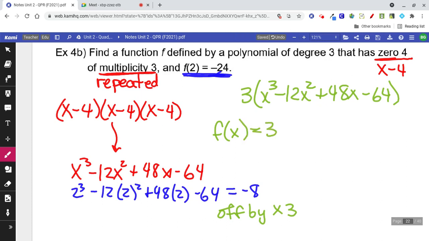F of x equals 3x cubed minus 36x squared plus 48 times 3 is 144x minus 64 times 3 is 192.